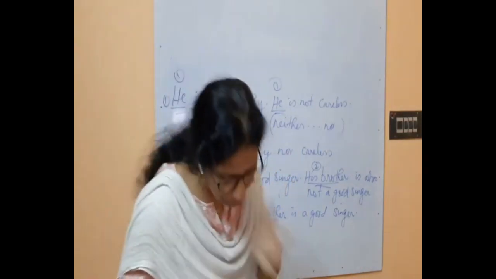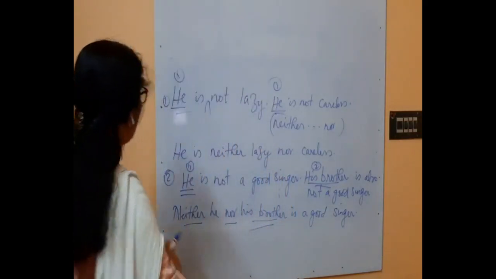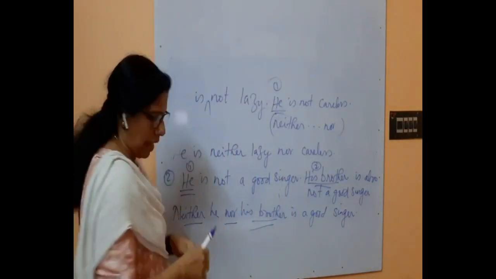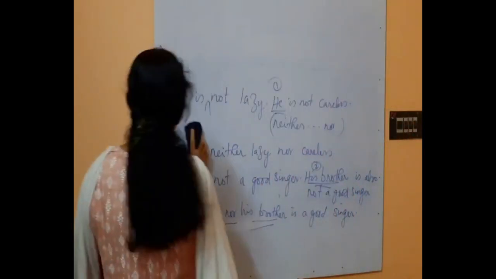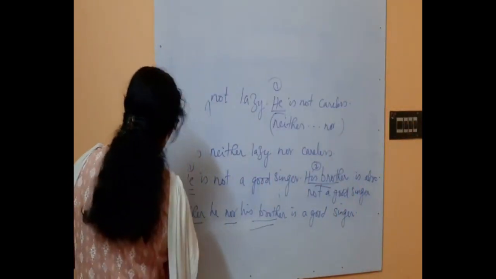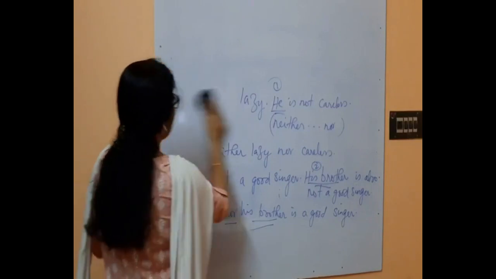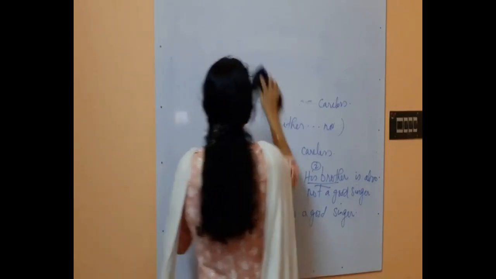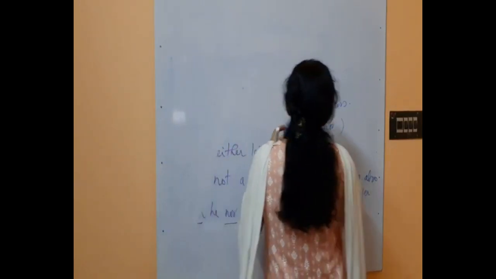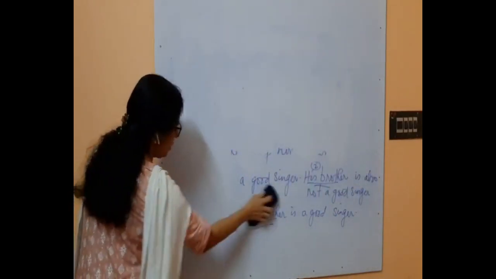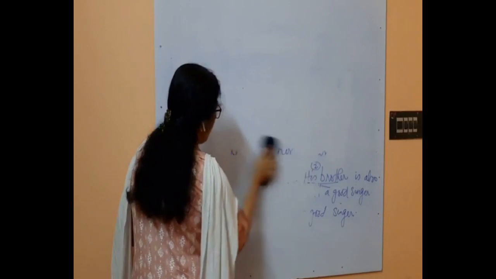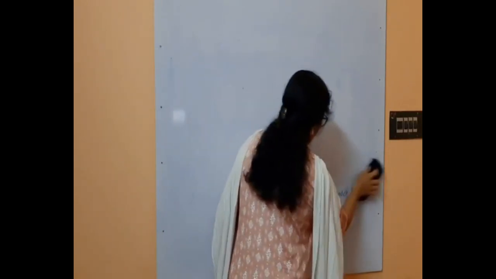So these three rules are clear to all of you, and now we will move on with the next conjunctions. One by one we will see. I hope these examples will be helpful for you to combine the sentences correctly, and next we will see some more examples with some other conjunctions also.